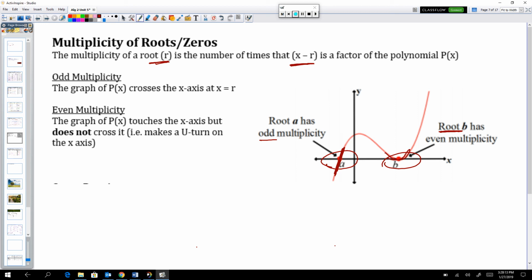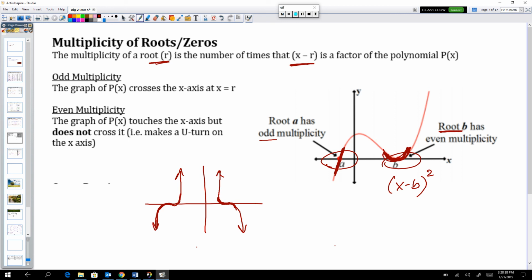This one bounces off of it, so whatever factor caused this must have had a power of 2. Let me show you what a power of 3, or a multiplicity of 3, looks like. It still goes through the axis, but it kind of sits there for a little while. So that's how a multiplicity of 3 acts. Of course, it could also act like this, right?